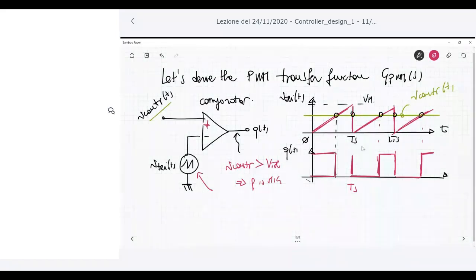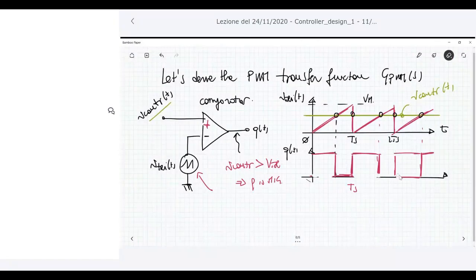Okay, so it's the opposite. The control voltage here is higher than the triangular voltage, so Q is high.